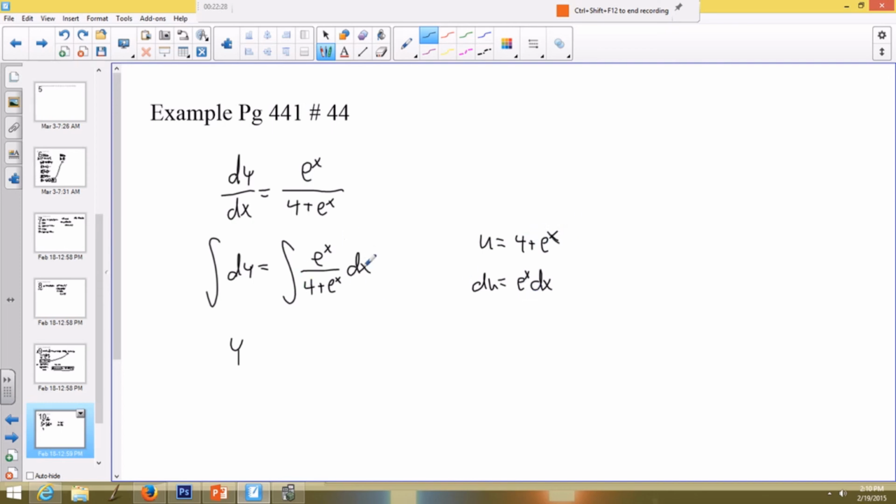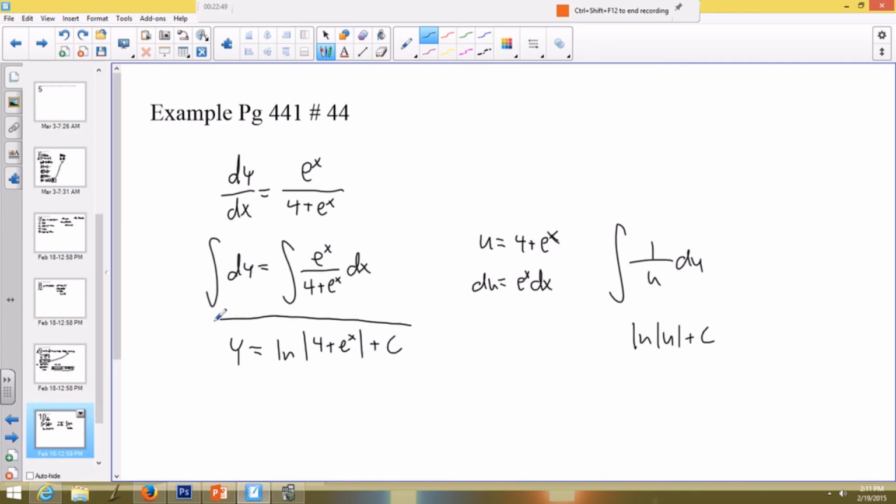And so this is in the form of the integral of 1 over u du, which is ln u plus some constant c. So I'm just going to rewrite this as the ln of 4 plus e to the x plus some constant c. And that is my general solution.